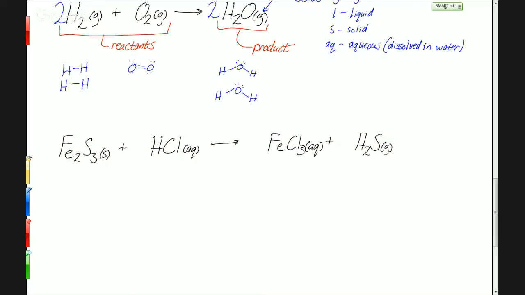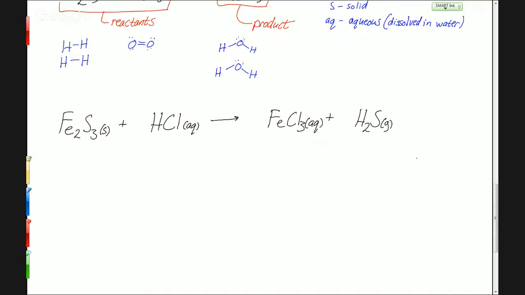But the first question we always have to ask ourselves when we write down a chemical equation is, is this balanced? And when you have a more complicated one like this, it helps to take a little inventory of each side and figure out how many of each type of atom you have. So let's do that. In this one, I've got 2 Fe's, 3 S, 1 H, and 1 Cl.